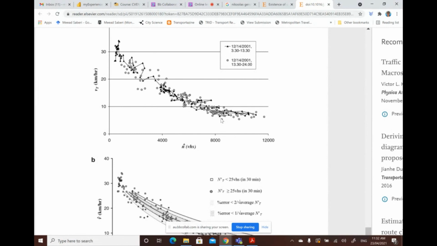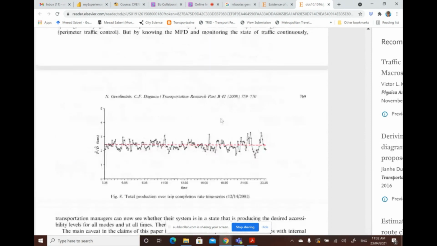Just like ramp metering, instead of letting everyone into the city, how about we gradually let people into the city, breaking them down, spreading the peak. That would help with managing the total number of vehicles that are in the city.